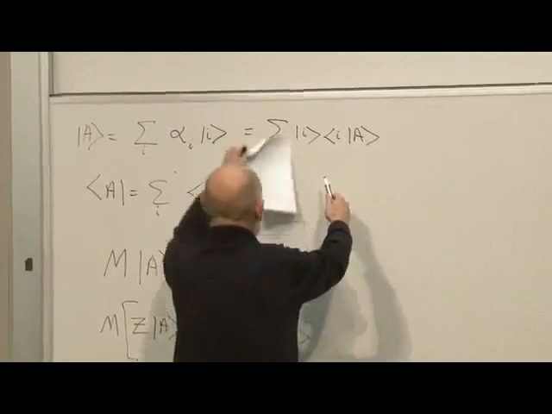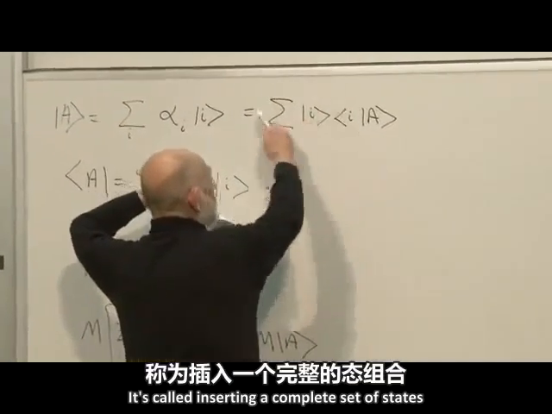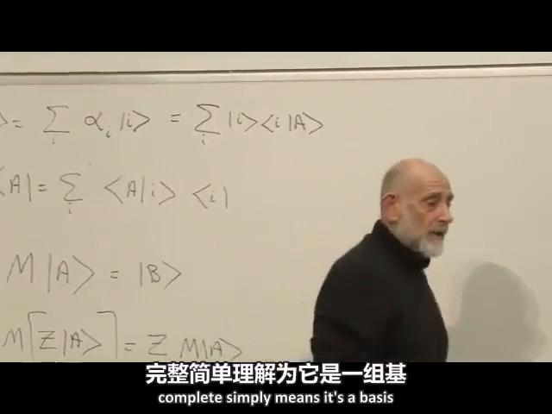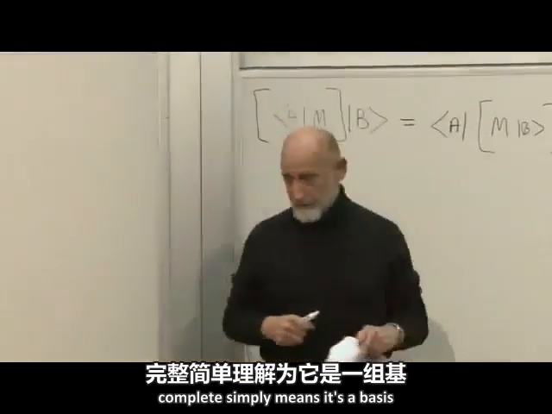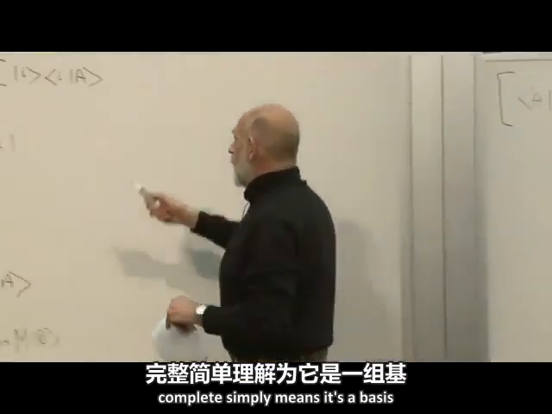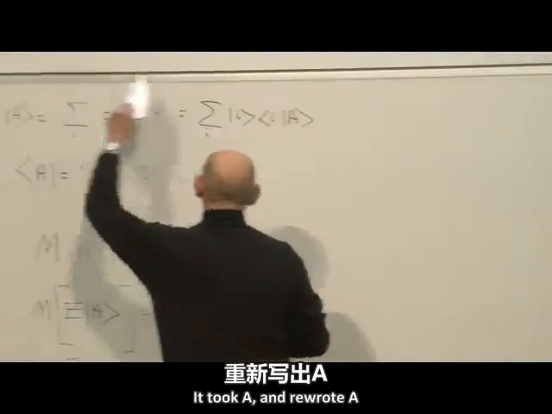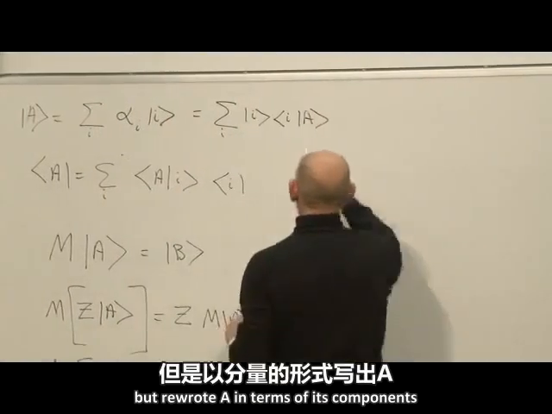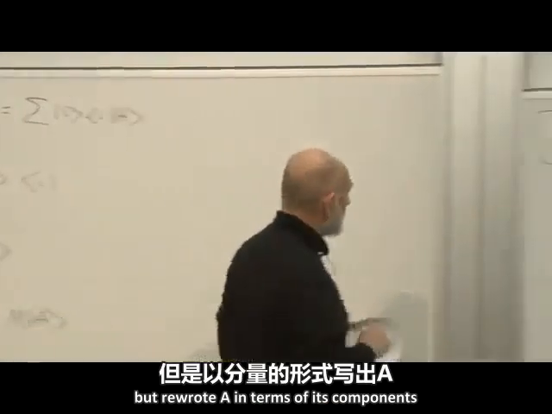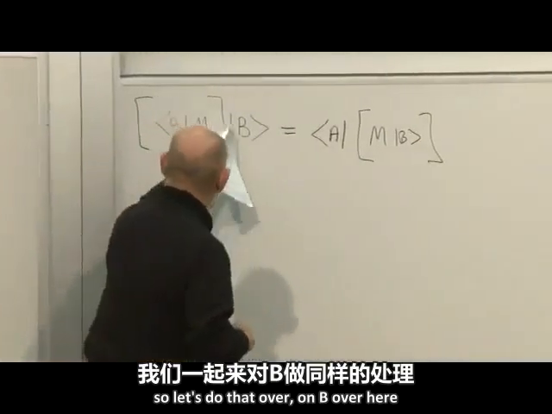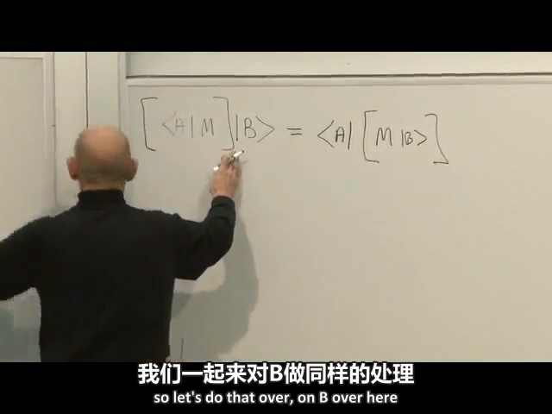It's called inserting a complete set of states. Complete simply means it's a basis. It did nothing. It took A and it rewrote A, but it rewrote A in terms of its components. So let's do that over on B as well. We can do the same thing over here.